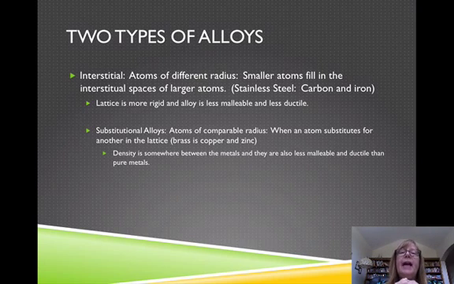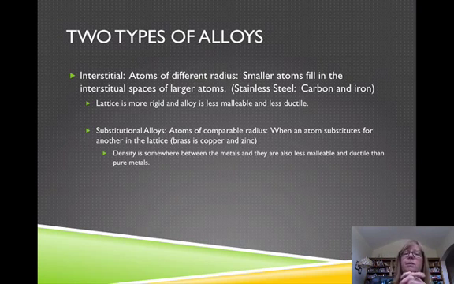The other type of alloy is the substitutional alloy, and that's where you just substitute in another metal. They're pretty much comparable sizes. So for instance, brass is an alloy of copper and zinc, and copper and zinc, they're both in that 3D portion of the periodic table, and they're pretty comparable in size.